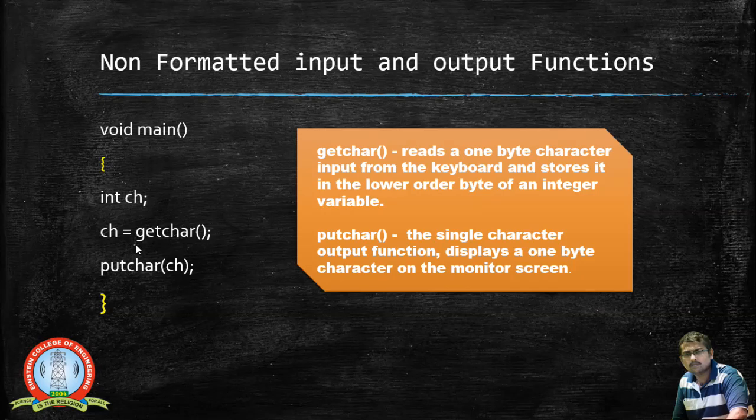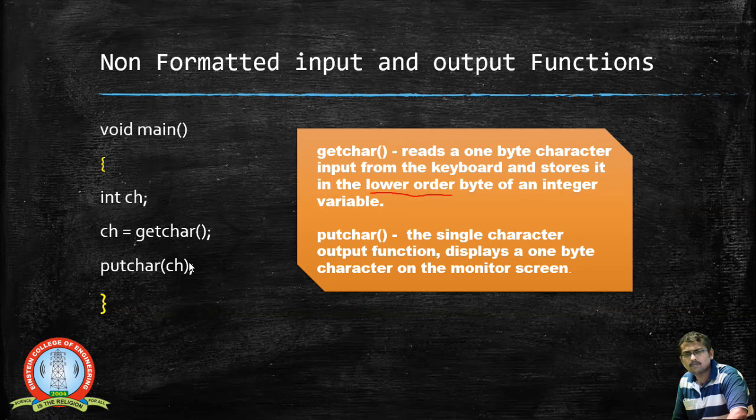For an integer on a 16-bit computer, we said the size is 2 bytes, and getchar reads a character that occupies 1 byte of memory, and this 1 byte is stored inside the lower order byte of the integer. That is what we need to understand here.